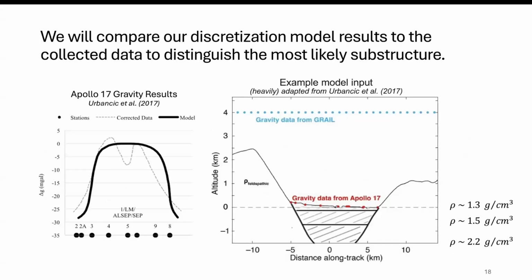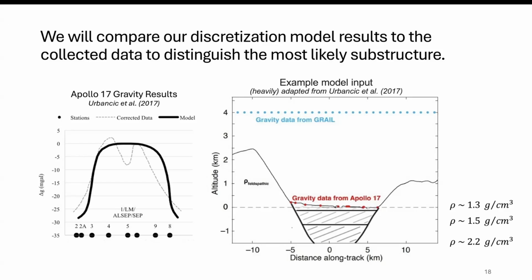So our model, these are the actual gravity data from the traverse. This is heavily adapted from the previous slide, but it was a good picture, so I took it. This is an example of what we'd put into our model, that more gradated density structure. We would model what the gravity would look like at each of these points, given this subsurface structure.